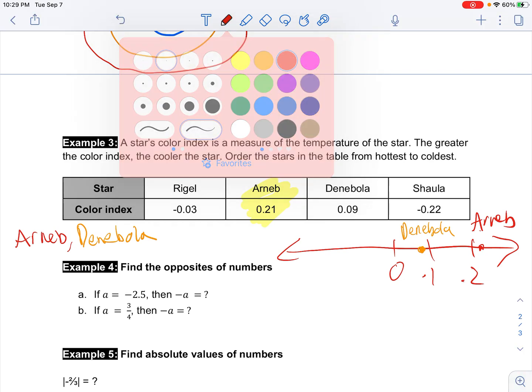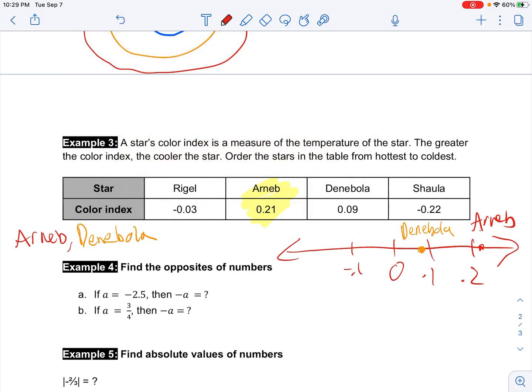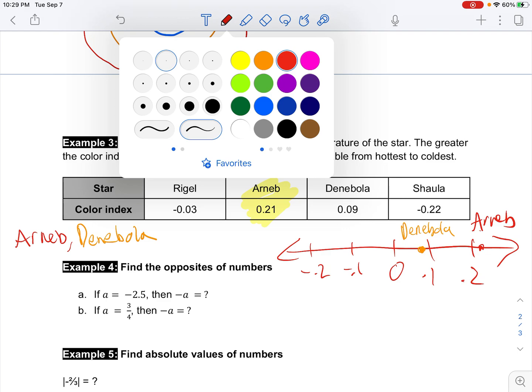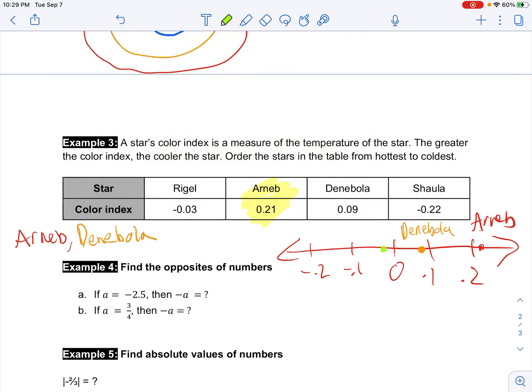Followed by, if we mark it on our negatives, negative 0.1, negative 0.2, I see that Rigel is very, very close to 0, but it's on the negative side. So that's Rigel.